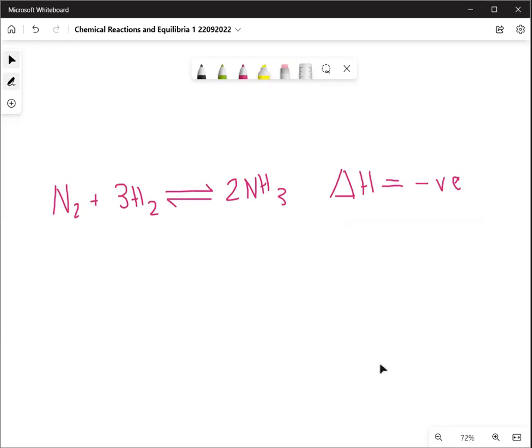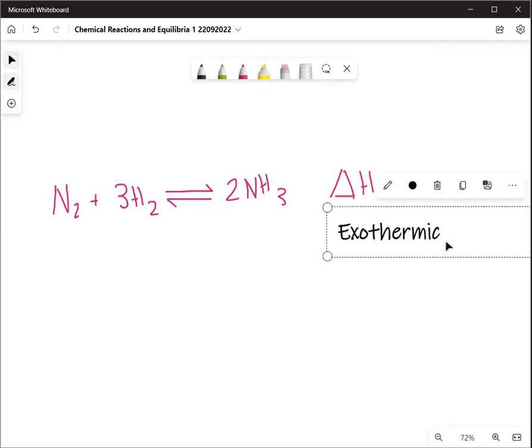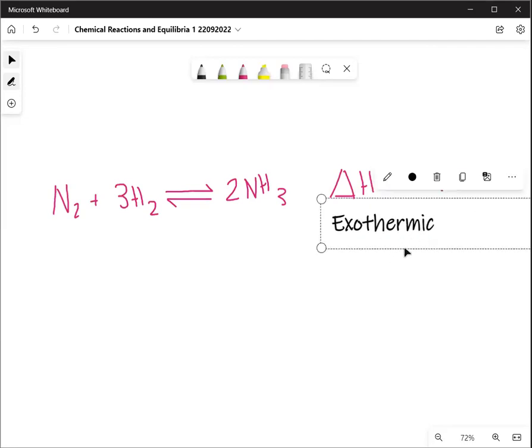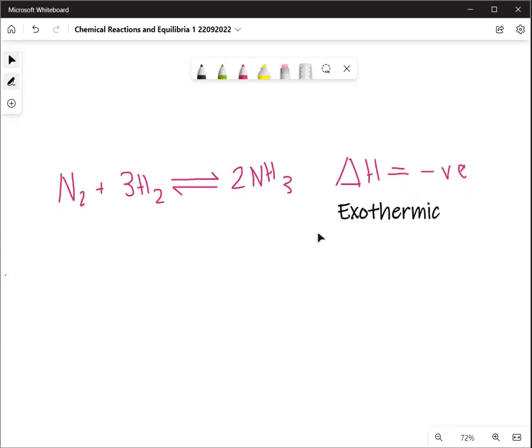Can you hear me? Yeah, sir, the Wi-Fi was slow. Now you tell me, is it endothermic or exothermic? It is exothermic, because it's negative. So how will we know that it's negative? They will give it in the question, always. They won't say it's exothermic. They'll just say delta H is negative. You have to realize it's exothermic.